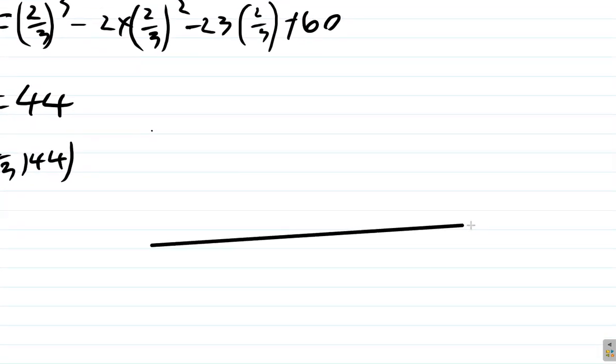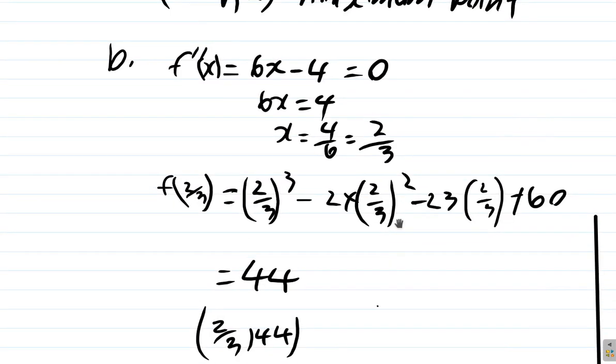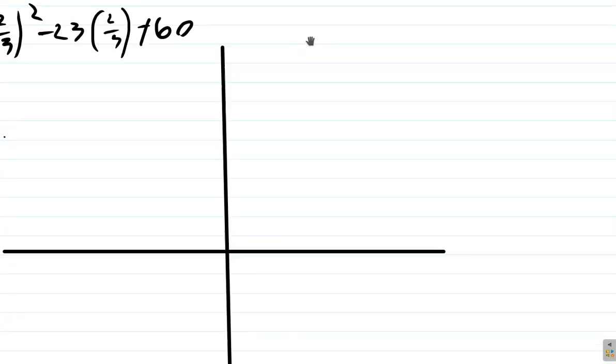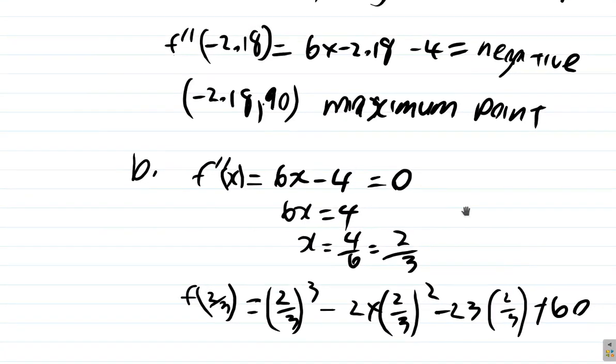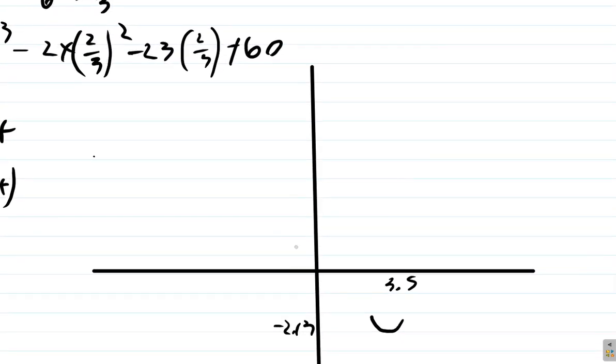So what you would have is your x-axis and your y-axis. Then you would say 3.5, negative 2.13 is a minimum point. So you do this. Then the other point here, negative 2.18, 90 is a maximum point. Remember, they will intersect somewhere here.